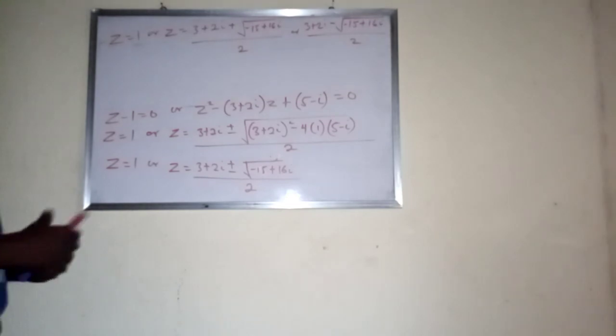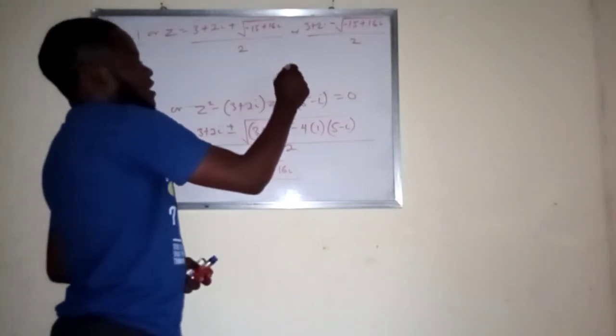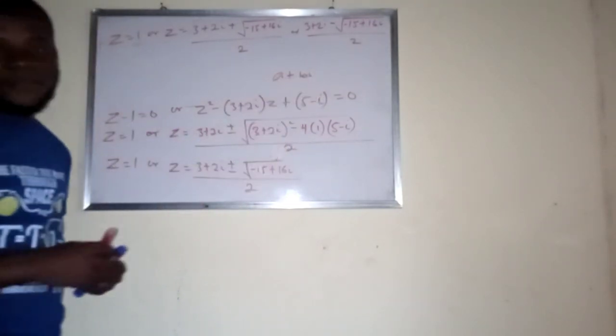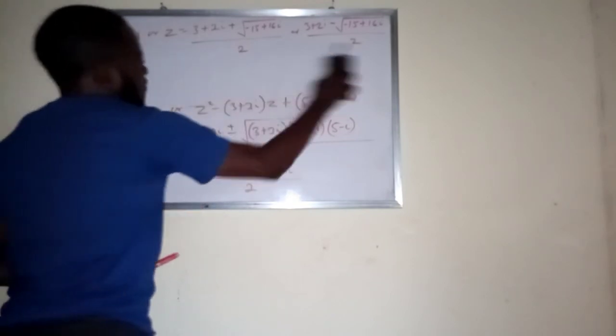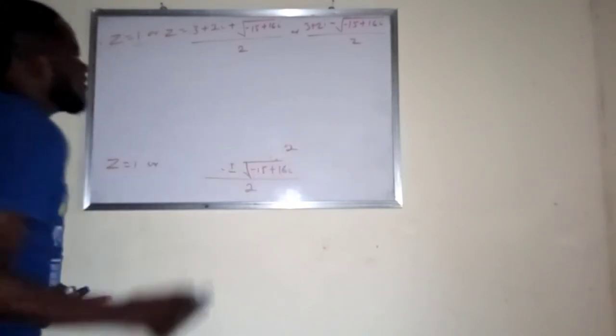So we are asked to write it in the form of a plus bi. Is that not? So there's not much story there again.